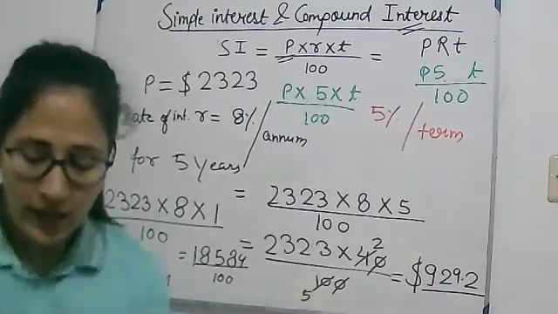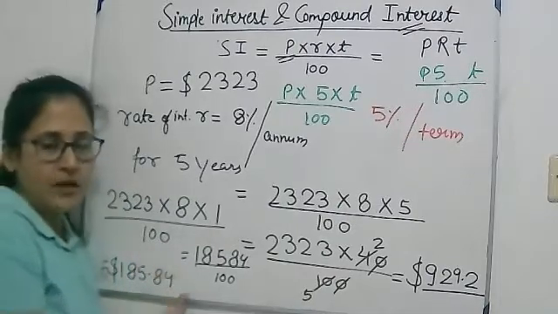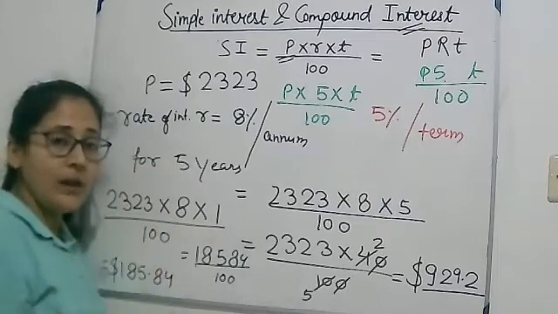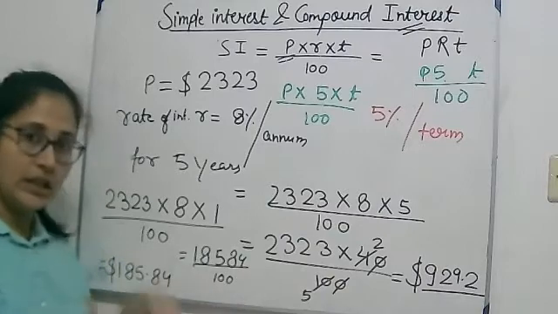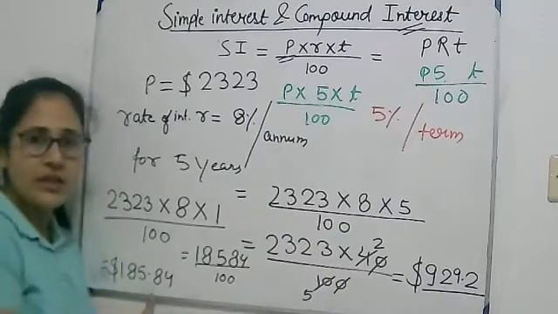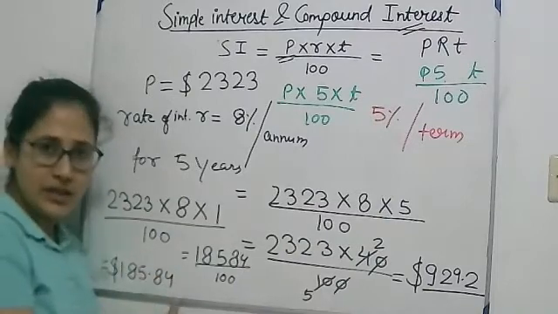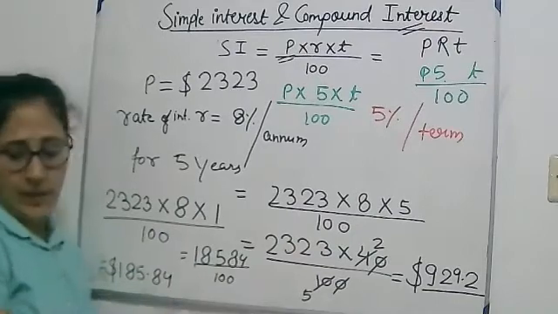For the second year, the simple interest will be the same. For the third year, not the total for 3 years, I'm saying for the third year, the simple interest will be the same. For the fourth year, it will be the same. For the fifth year, it will be the same.